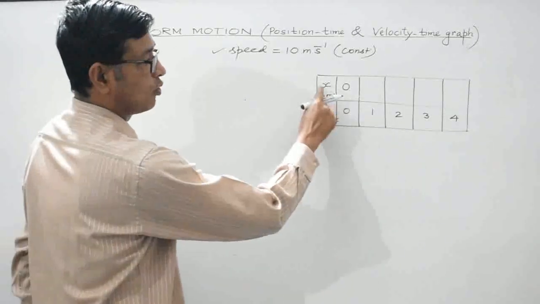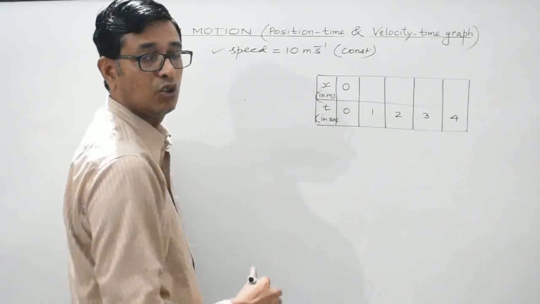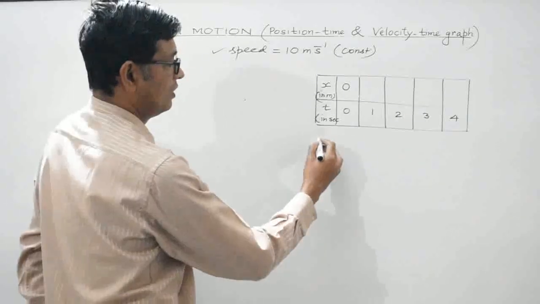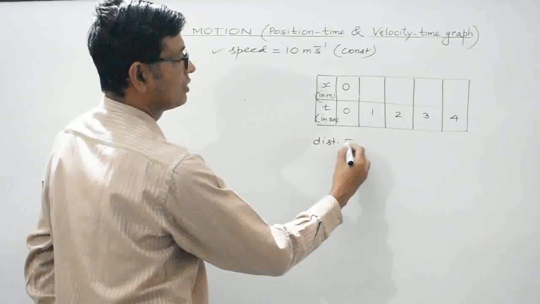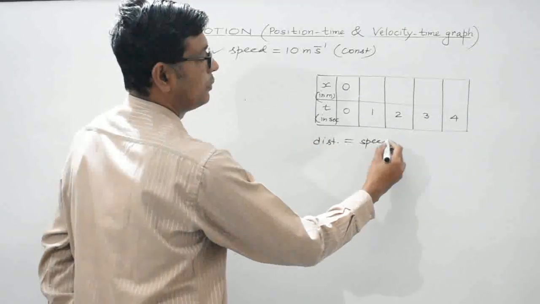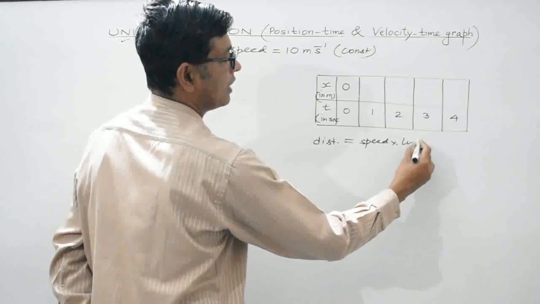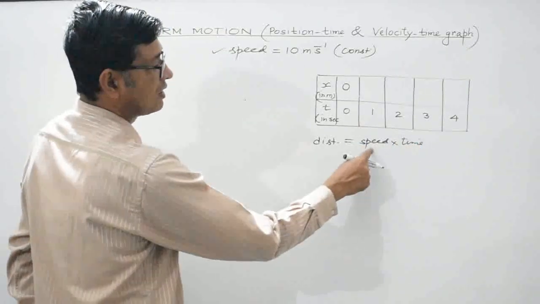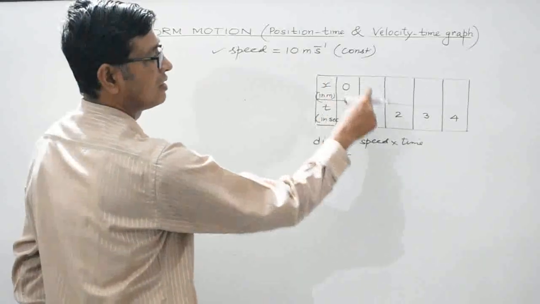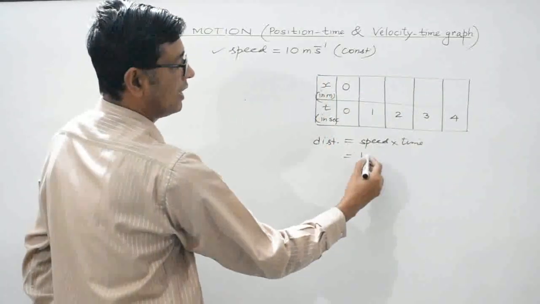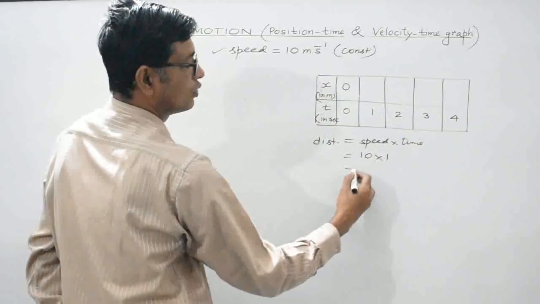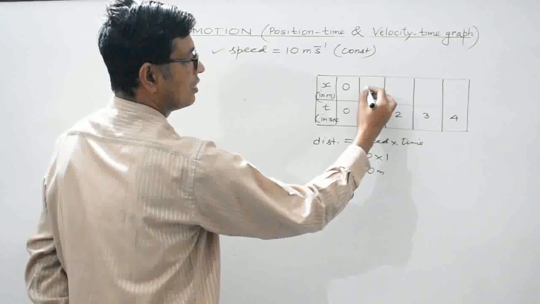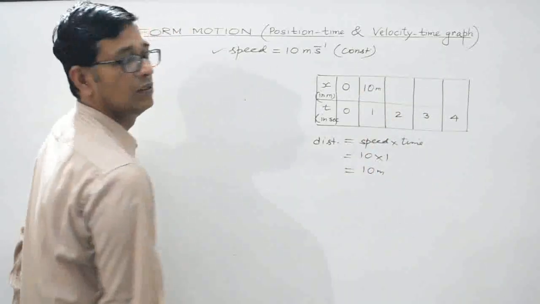After 1 second, what would be the distance covered by the body? Look, distance is speed into time. This is the formula. Distance would be equal to speed multiplied by time. So after 1 second, what is the speed? It will remain the same throughout the duration. So 10 is the speed and time is 1 second, so it will be equal to 10 meters. Right?